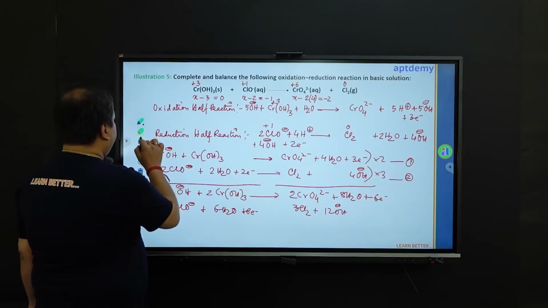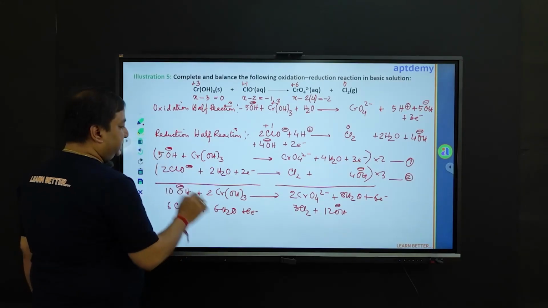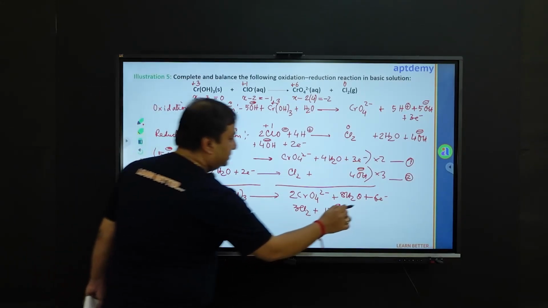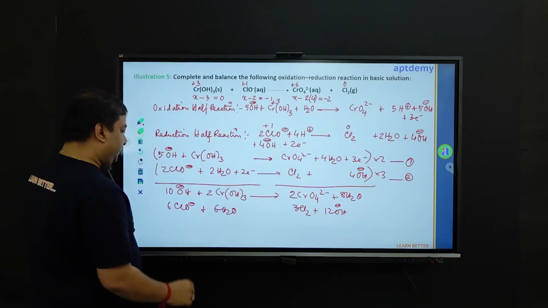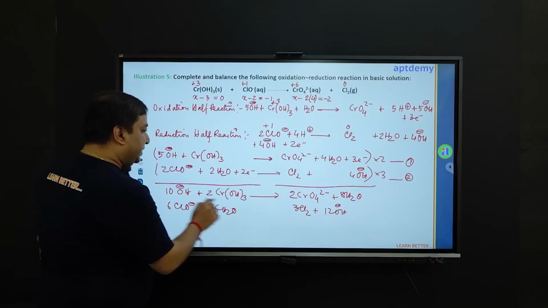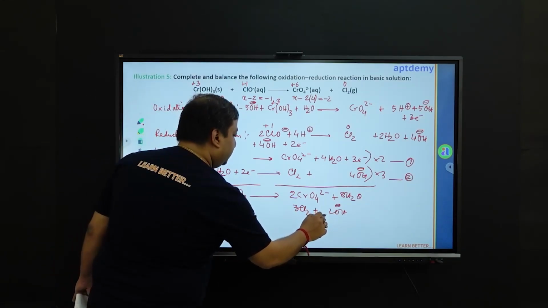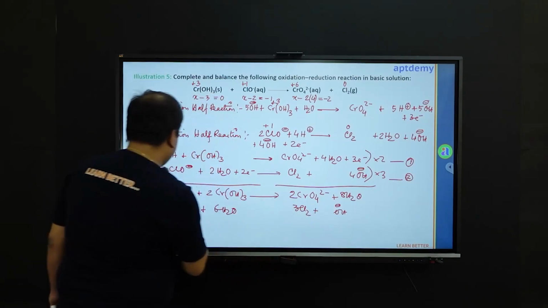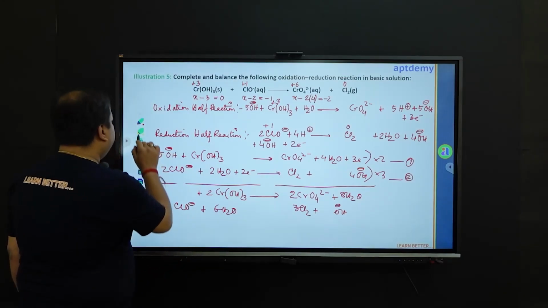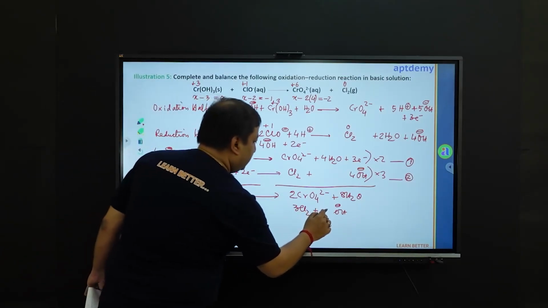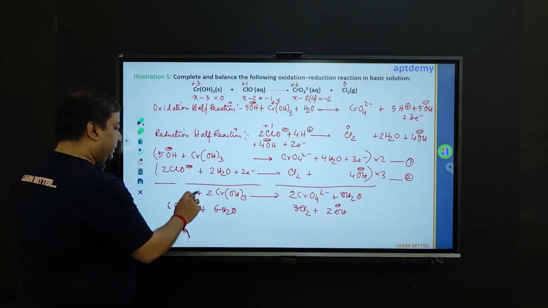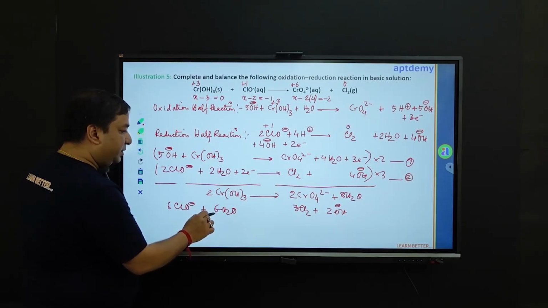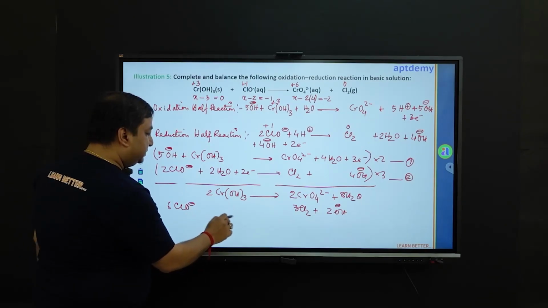So let us cancel certain things. 6 electrons gone. 10 OH, here is 12 OH, so we will remove OH from both sides. The excess amount will be written. Now what about water molecules? Here we have 6 water molecules.